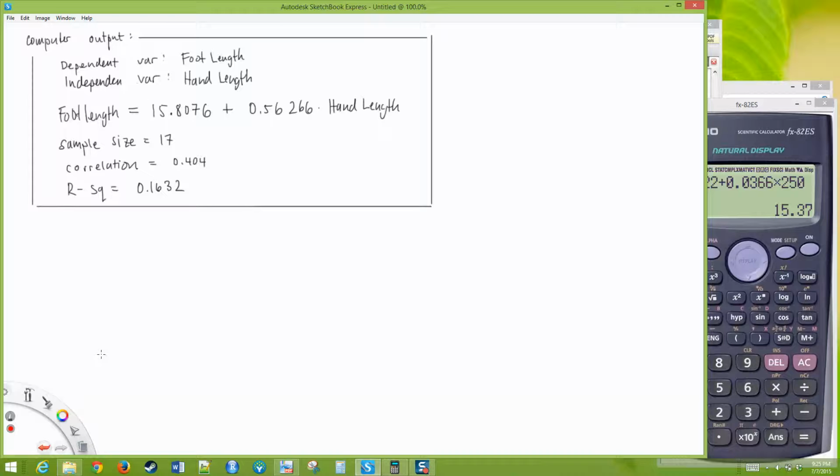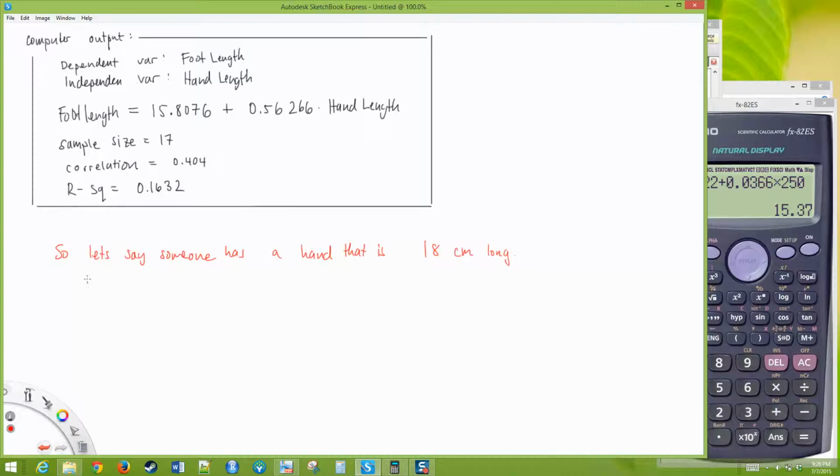Okay, so let's say someone has a hand that is 18 centimeters long. Okay.